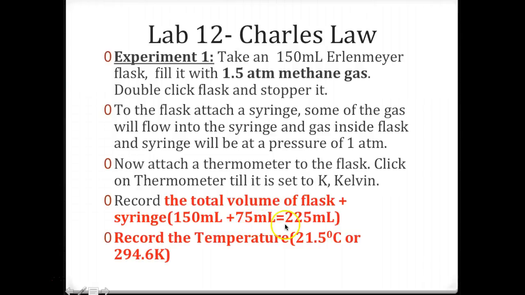So your initial volume is 225 ml for methane gas. Record the room temperature, which is 21.5, but remember we're going to record in Kelvin, so 294.6 Kelvin.